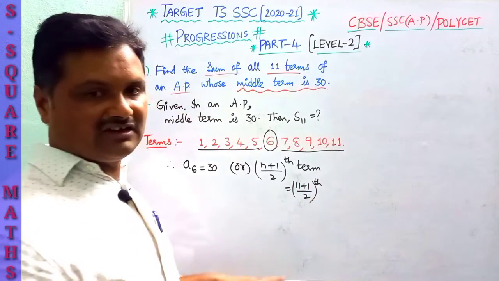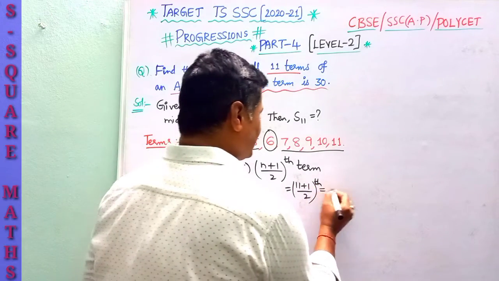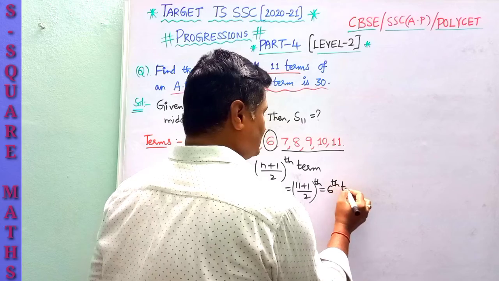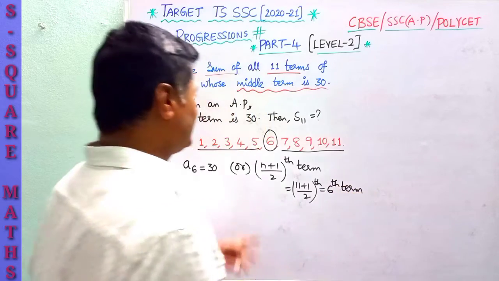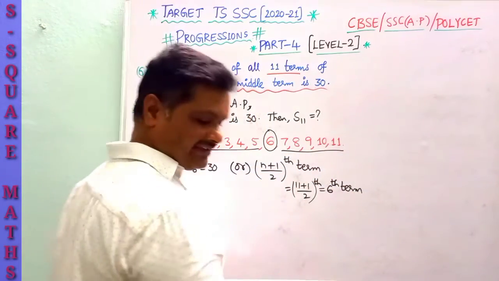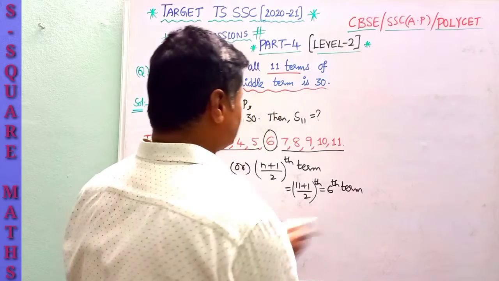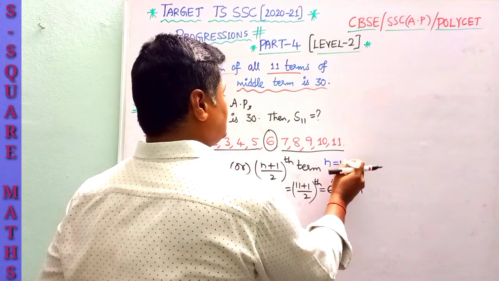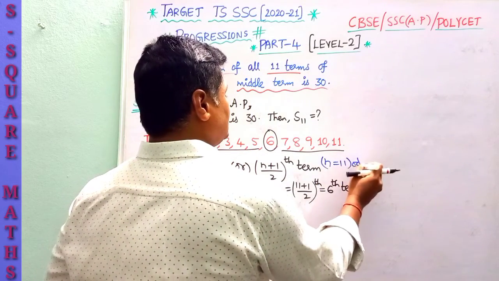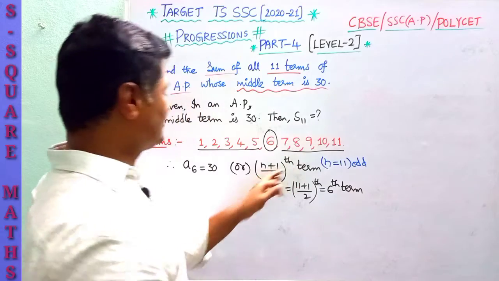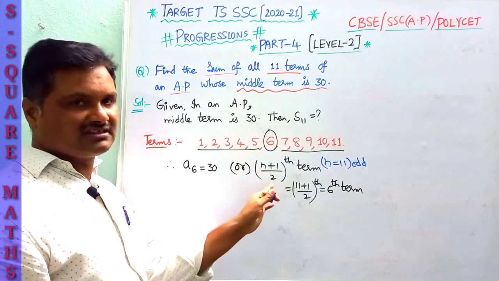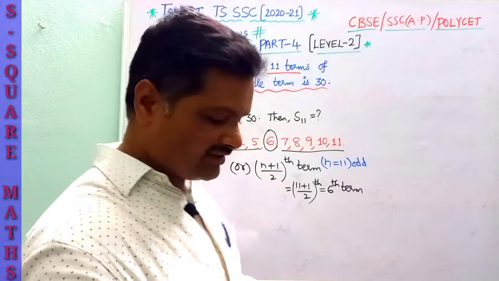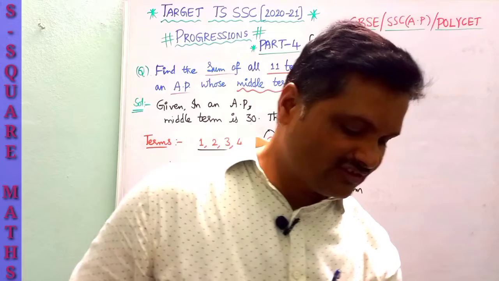So 11 plus 1 is 12, 12 by 2 is 6, the 6th term. Since n is equal to 11, which is odd, to pick up the middle term this is the formula, as you know very well. That is basic knowledge.